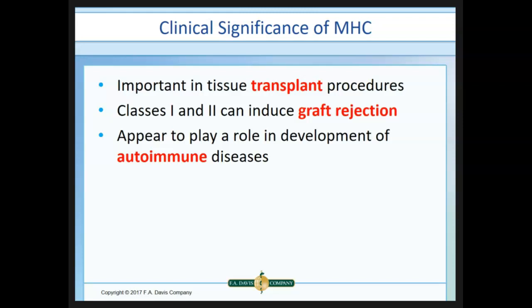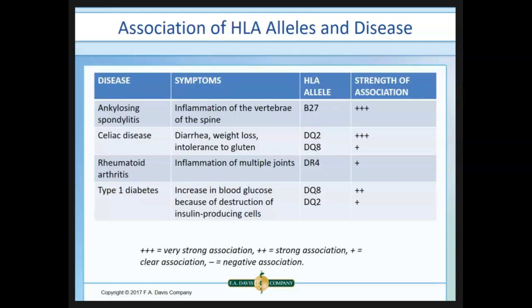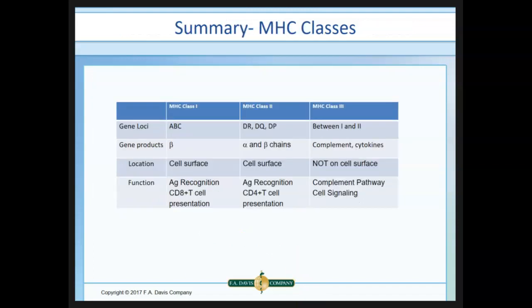The MHC molecules also appear to play a role in the development of autoimmune diseases. Here are some diseases associated with the MHC alleles. Do not memorize this, but just know that rheumatoid arthritis, we talked about that as an autoimmune disease, type 1 diabetes, celiac disease, those are associated with MHC molecules.